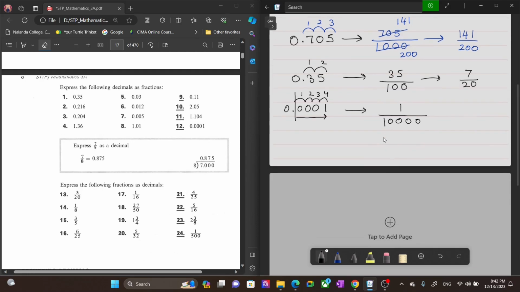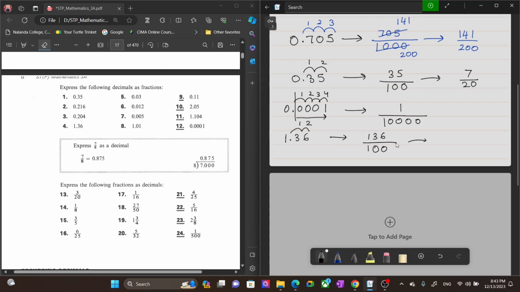Let's try a different one: 1.36. Here the decimal places are 1, 2. Then we get 2 zeros in the denominator and a 1, so 100, and we put the number without the decimal point, 136.